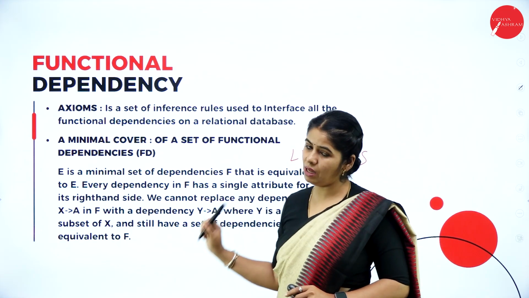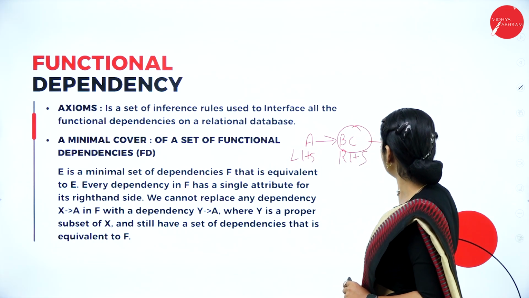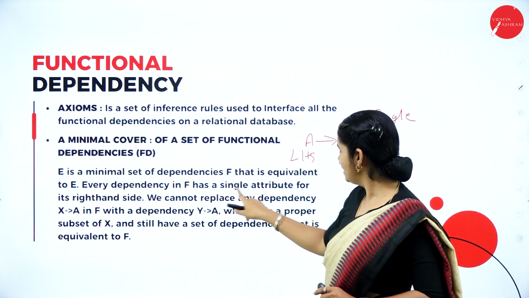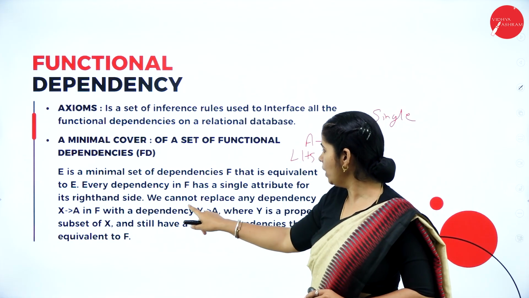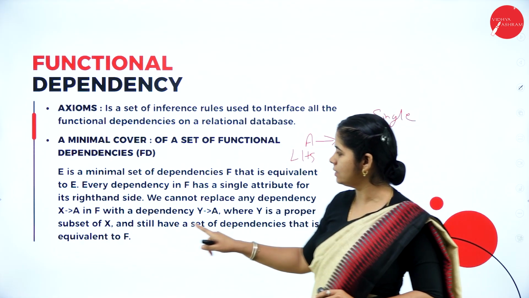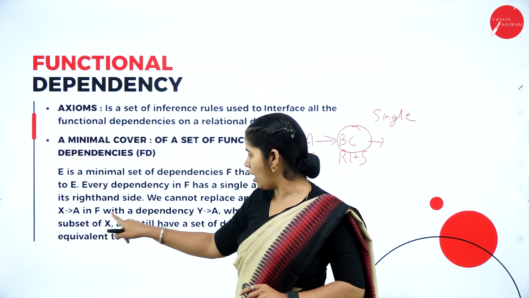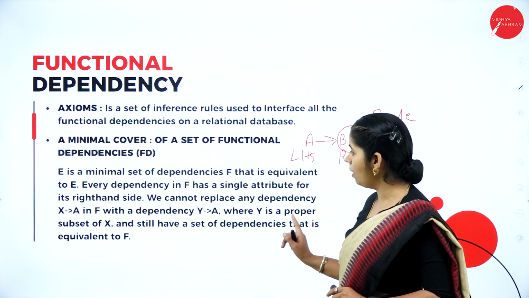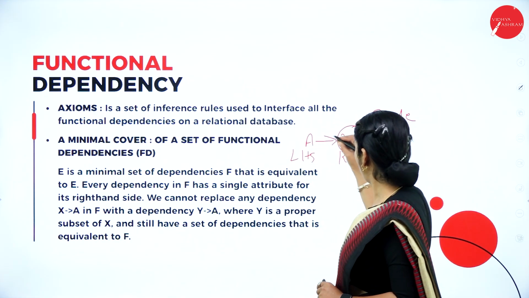What minimal cover says is that at the RHS we should have a single attribute, and we cannot replace any dependency X determines A in F with the dependency Y determines A, where Y is a proper subset of X. So this is one condition.